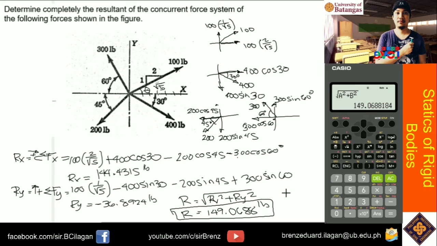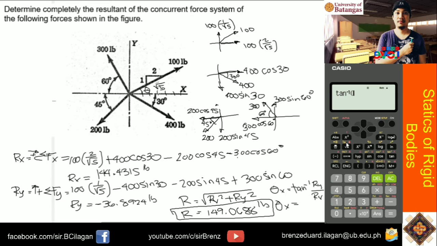And to know the magnitude or the direction, just take the arctangent. So, theta x is just the arctangent of ry over rx. So what will be the value of your theta x? Calculate again.